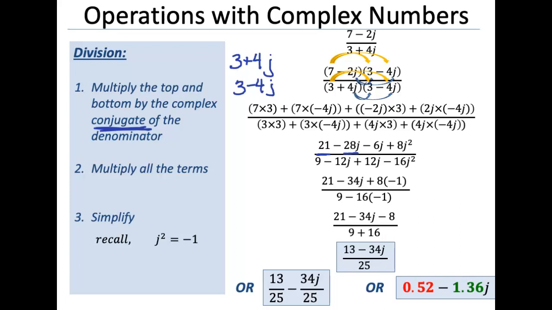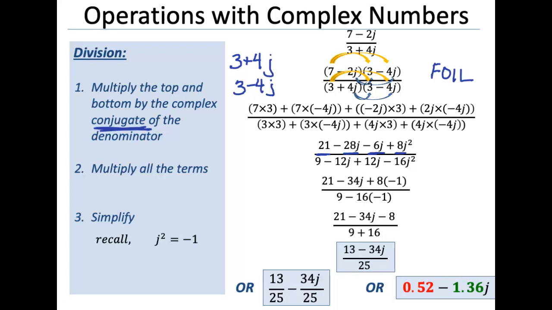Inside terms, 2j times 3 is 6j. And then last terms, negative 2j and negative 4j multiplied together is 8j squared. So we're using the FOIL method to multiply these two together, just like we would with binomials. First, outside, inside, and last. And I do the same thing with the denominator, and we end up with this expression.